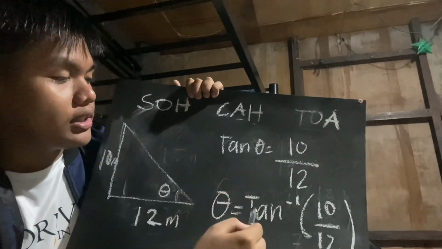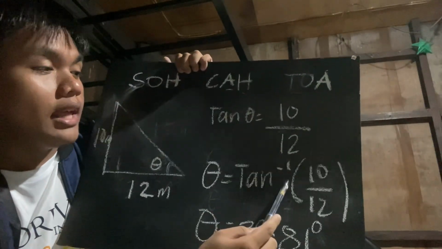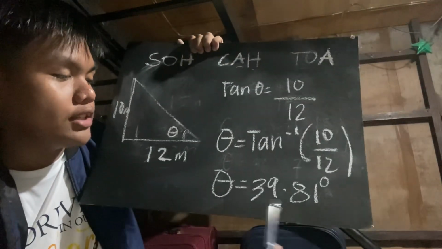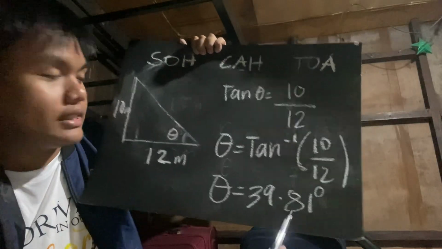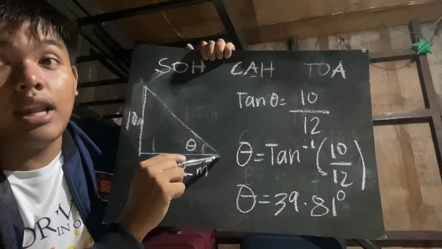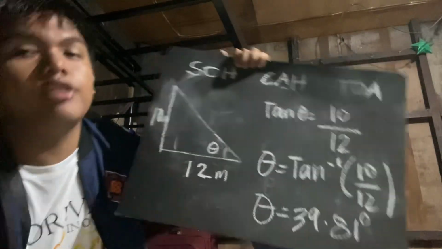Instead, we use inverse tan. So theta is equal to inverse tan times 10 over 12. And using your calculator, you will come up with theta equals 39.81 degrees. So the value of this angle is 39.81 degrees. This is 90 because it's a right triangle.